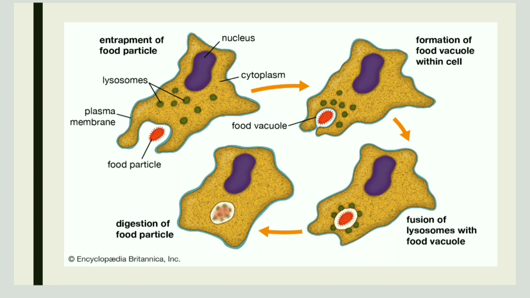This phagosome gets fused with the lysosomes. And the digestive enzymes present in these lysosomes break down the food and it is digested. So, amoebas take in their food by a process called phagocytosis.